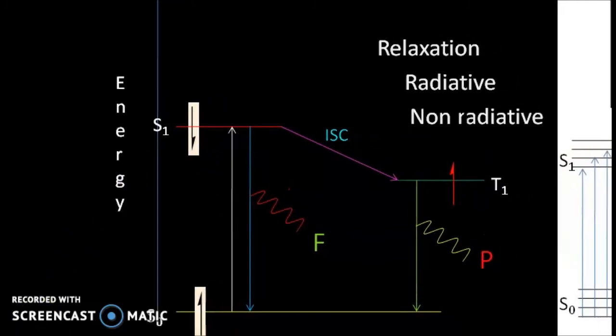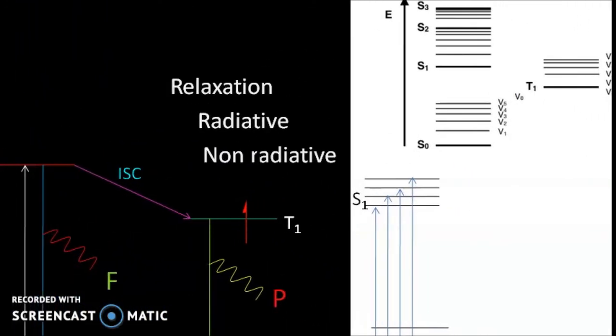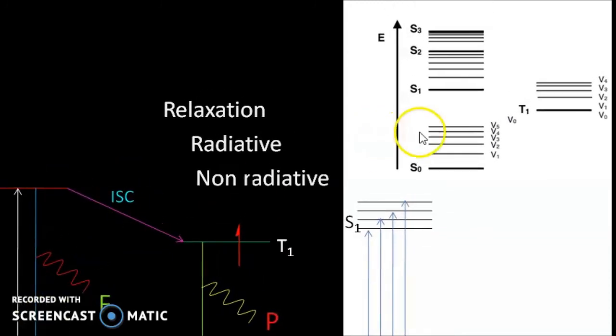Now, there's one more relaxation phenomenon, and that is internal conversion. Now, what is internal conversion? Let us see. If we draw the energy levels of the electrons in a more elaborate manner, the same singlet state will have different vibrational levels. Here you can see different lines, V1, V2, V3, V4, V5, etc. They are all different vibrational energy levels.